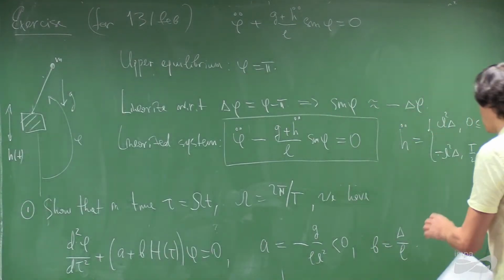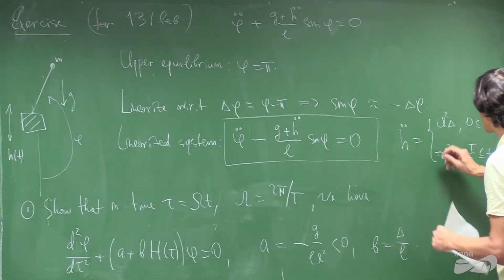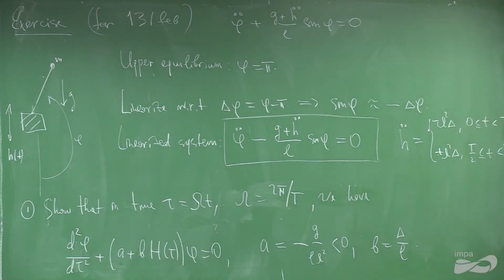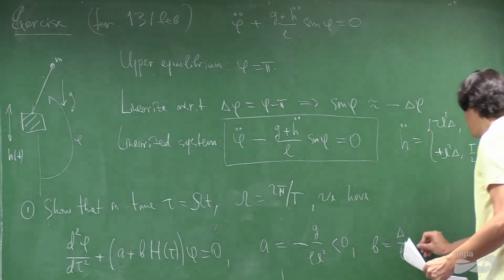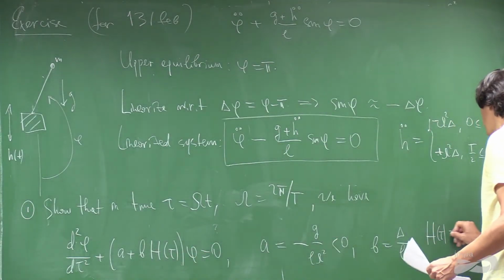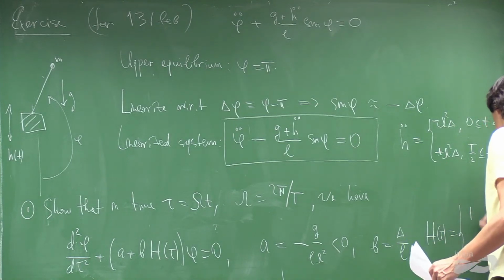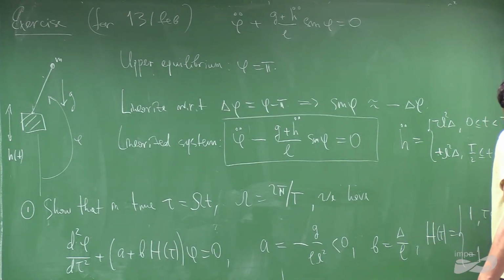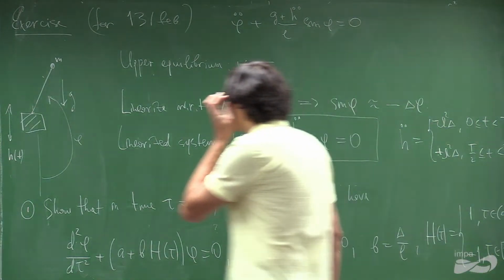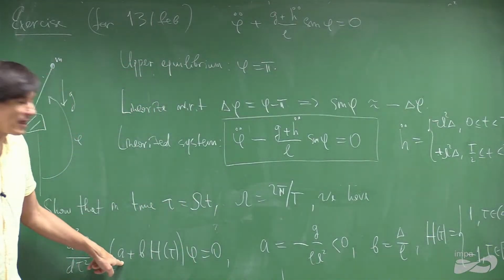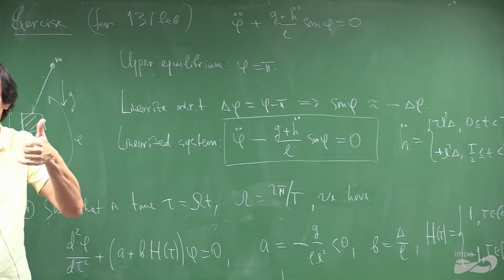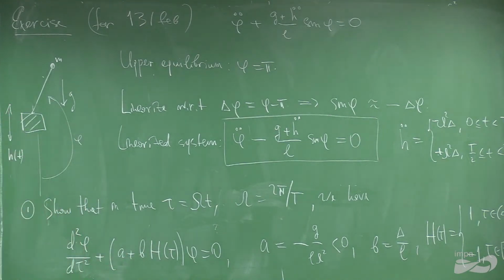In order to have B positive, I will put just plus here and minus here. Okay, then it solves the problem. So it will be just the same H capital. So the idea is that you get the Meissner equation, but with negative A. That's the only difference. So for the inverted pendulum, you get negative A for the Meissner equation.